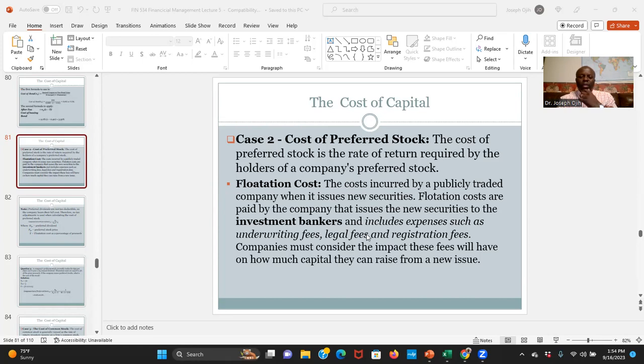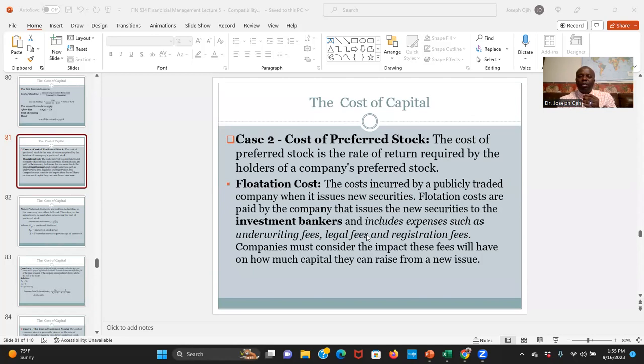In other words, it means the costs that are incurred by a publicly traded company when it issues new securities. These costs are paid by this company to the investment bankers that help them to issue that security.